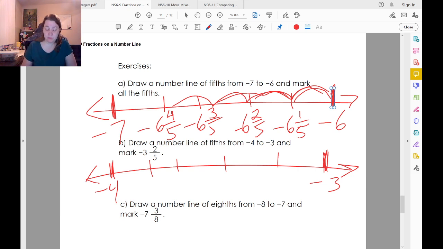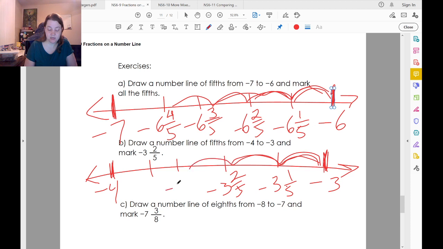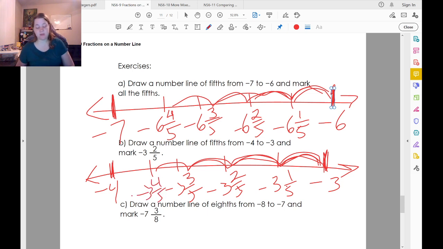And when we put on those fifths, -3 and some kind of fifth, that would be -3 and 1/5. -3 and 2/5. 1, 2, 3, -3 and 3/5. 1, 2, 3, 4, -3 and 4/5. They want us to mark -3 and 2/5. So I'm just going to circle it.